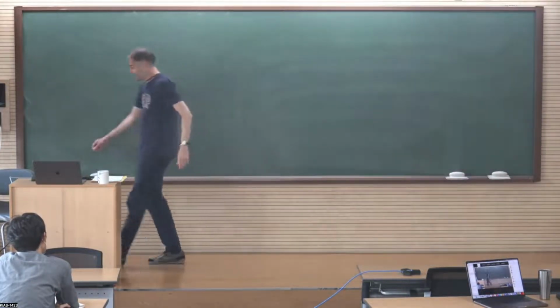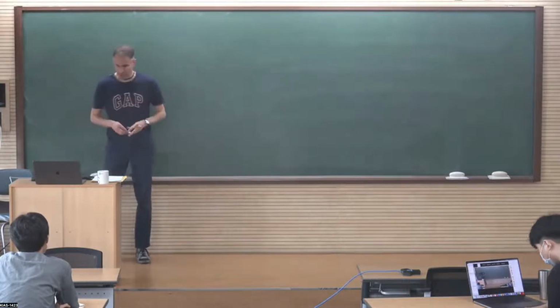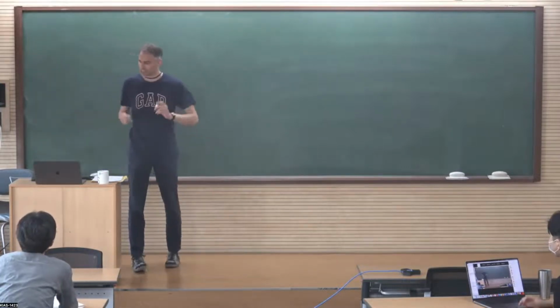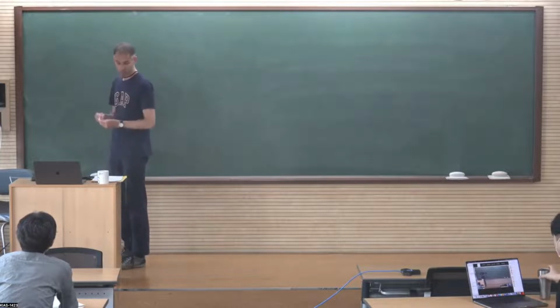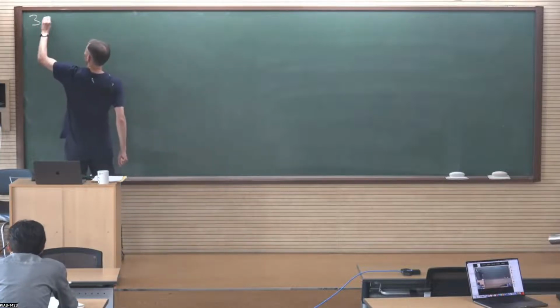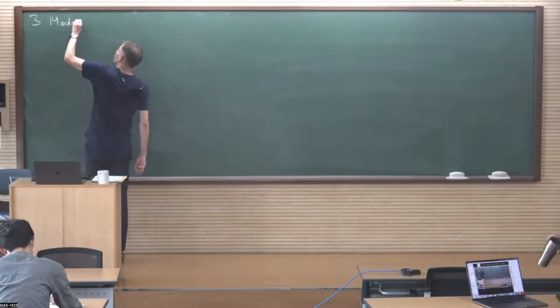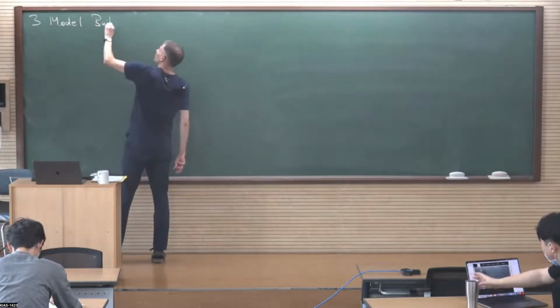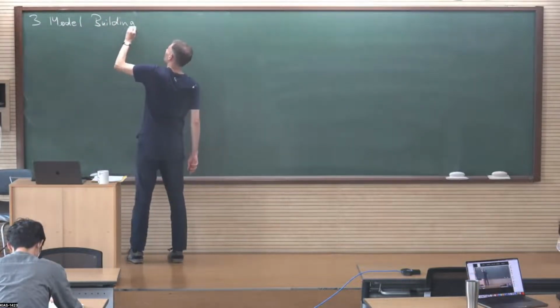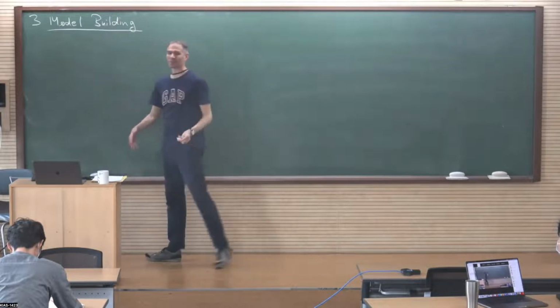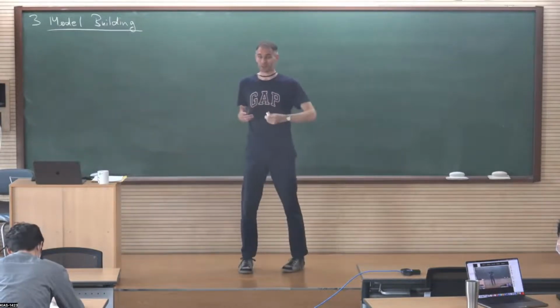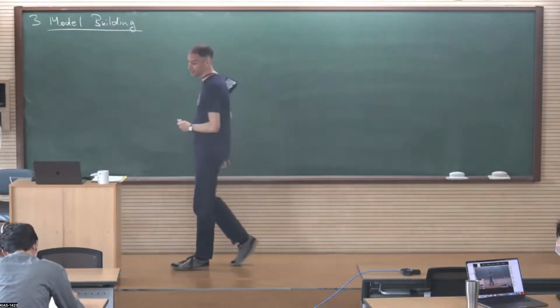All right, so in the remaining 15 minutes I still have, let me talk a little bit about aspects of model building, for the model builders around us who would like to construct models including dark radiation.